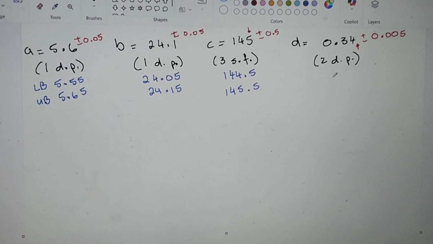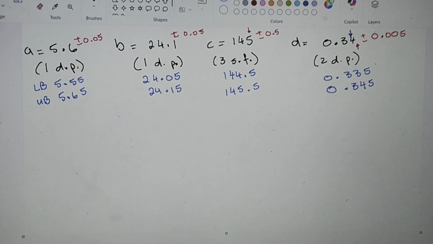And then for my D, I'm going to get 0.335. Notice also, whatever your last digit is here, for your lower bound, you subtract 1 from that. So you take 1 away from the 4, so instead of 34, you make it 33, and then just stick a 5 on the end. That's just the shortcut method of doing it. And then 0.345. There's your upper and lower bounds for each one of those.